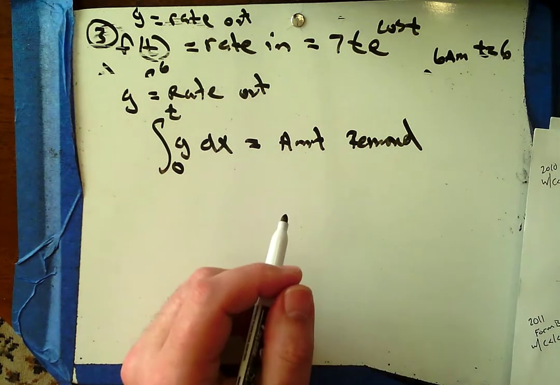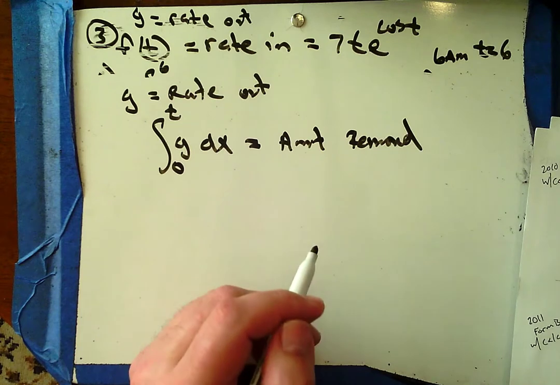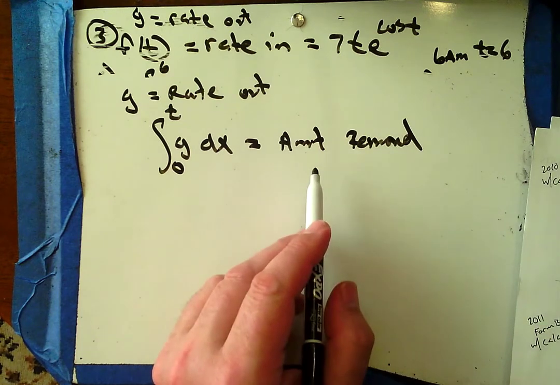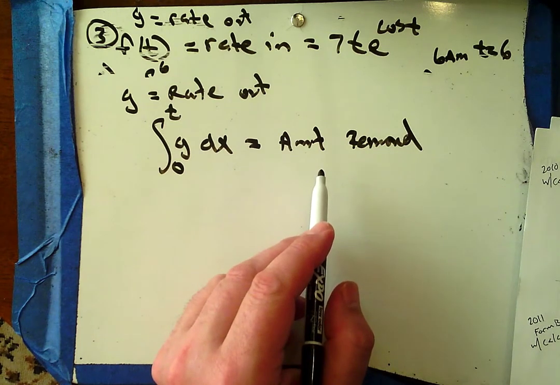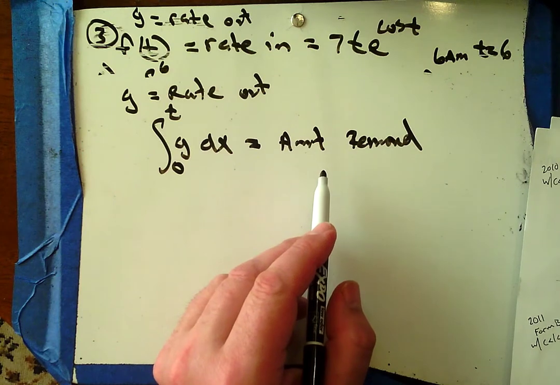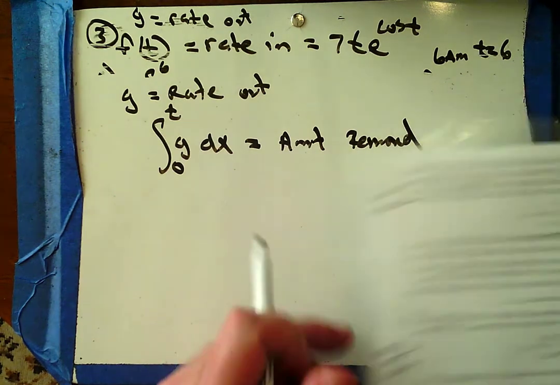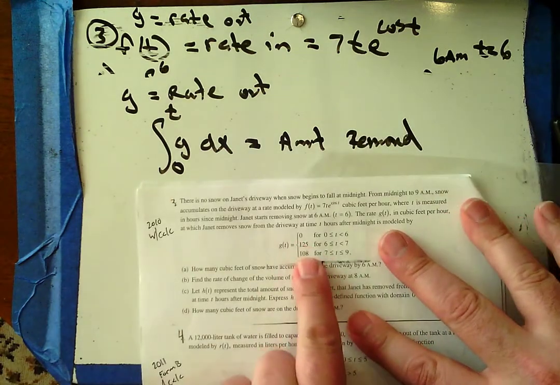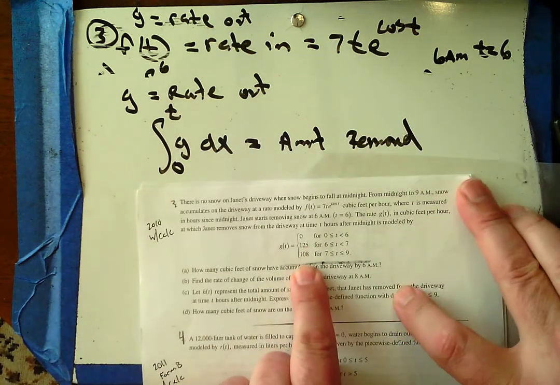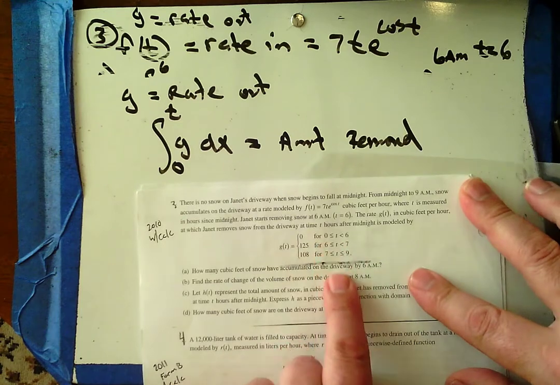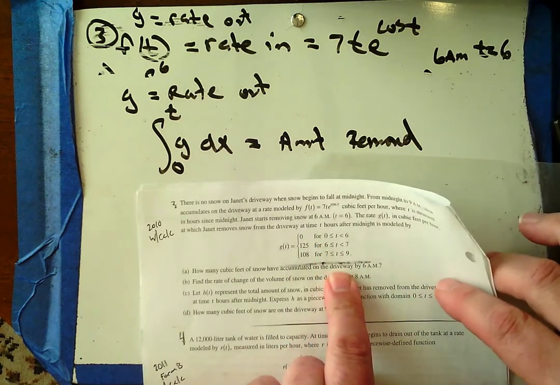So it says here, express h, the amount removed function, as a piecewise defined function with a domain from 0 to 9. See, here though, the thing is, these are different functions on each of these intervals.